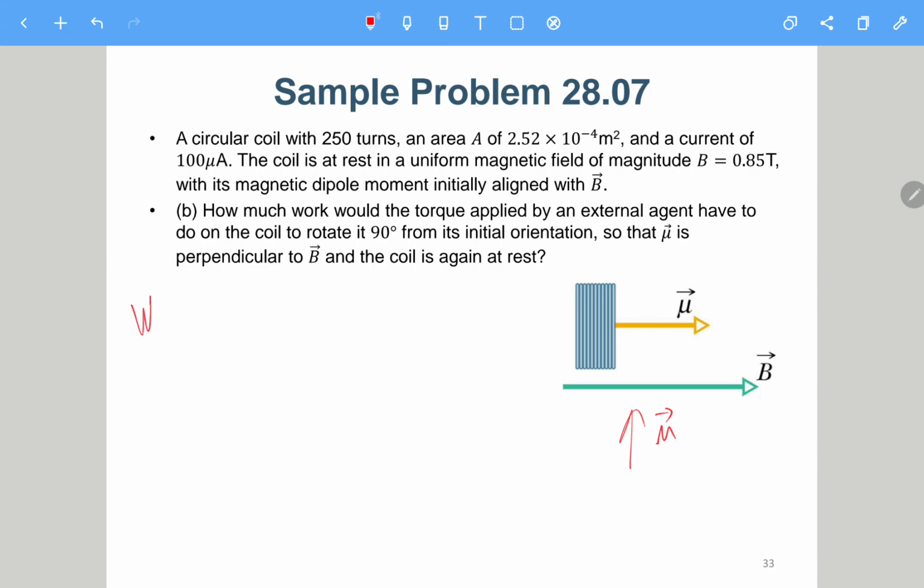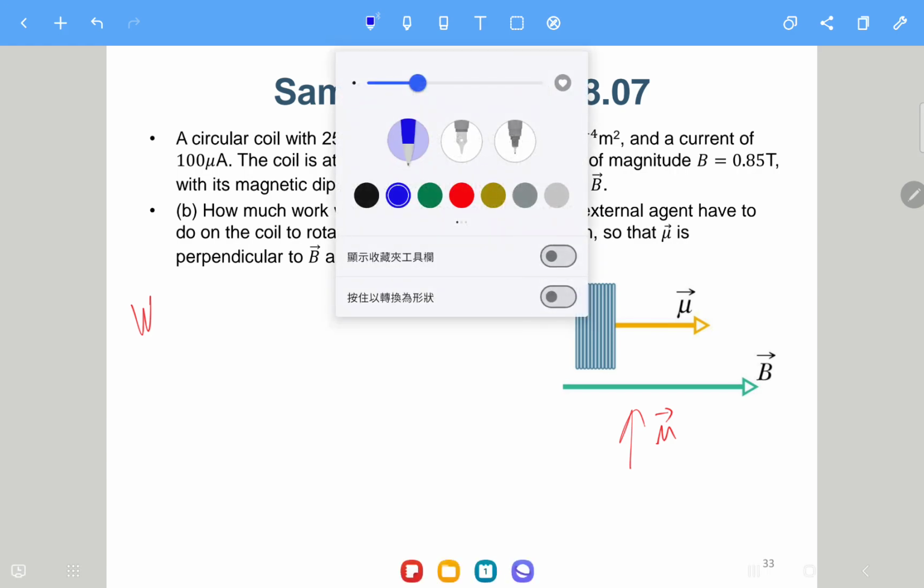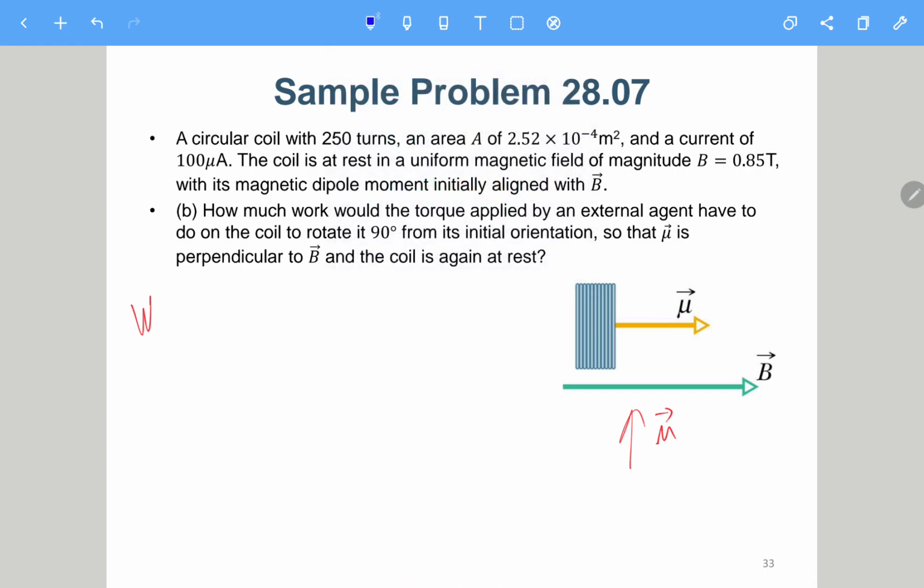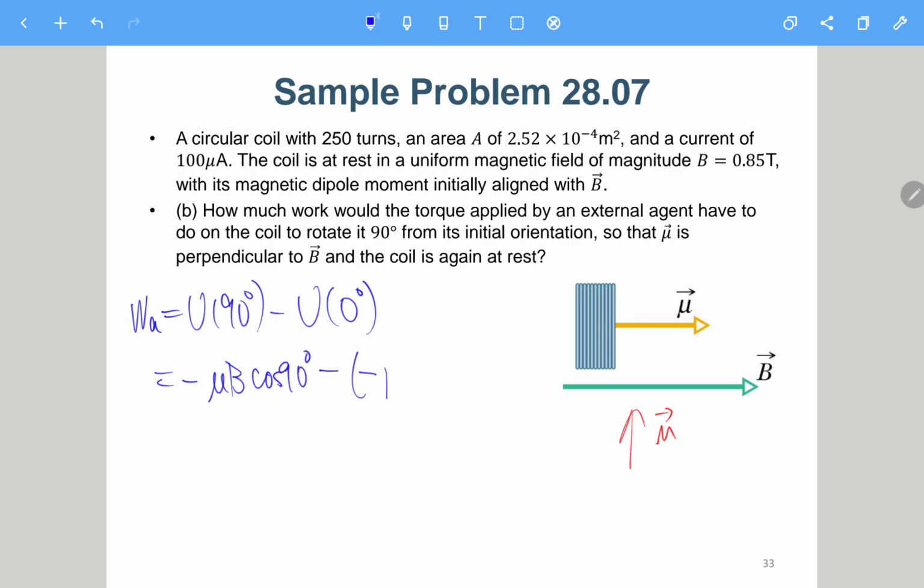So W equals U at 90 degrees minus U at 0 degrees, which is negative mu B cosine of 90 degrees minus negative mu B cosine of 0 degrees.